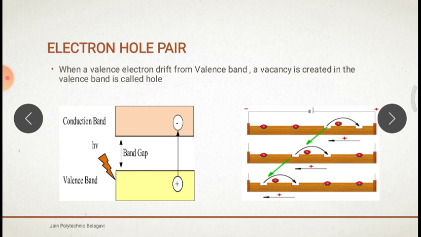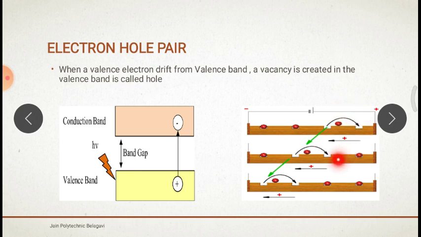Then how do the hole current and electron current flow? The flowing of electrons constitutes the electron current and the flowing of holes constitutes the hole current. I'll take an example of this. Assume these are the electrons. Here one gap is there. To fill this hole, this electron will jump from here.